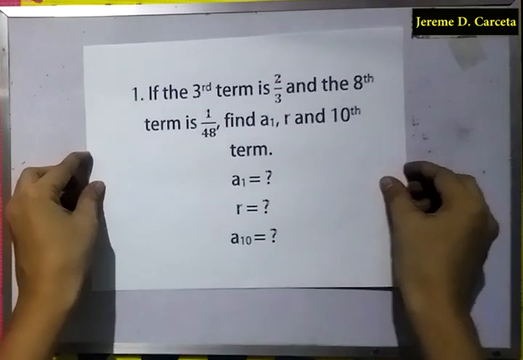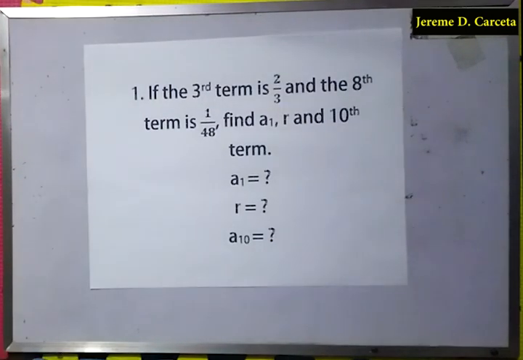So now, let us solve problems involving geometric sequences. If the third term is 2/3 and the eighth term is 1/48, find a sub 1, r, and the 10th term.